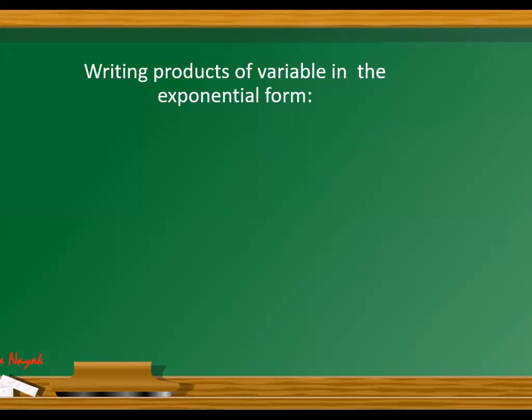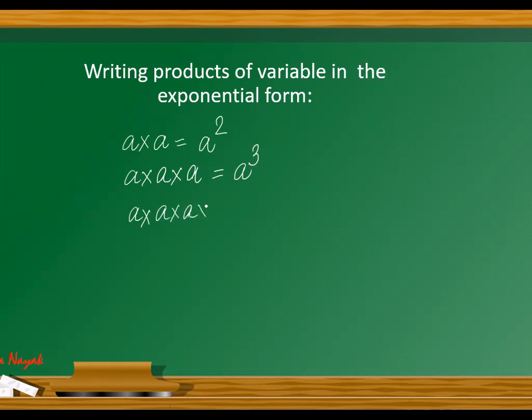So how to write the variables in the exponential form? For example, a is a variable. a multiplies a gives you a square. a multiplied 3 times, we'll write a cube. a multiplied 4 times, I'll write a raised to the power 4, or just a power 4.